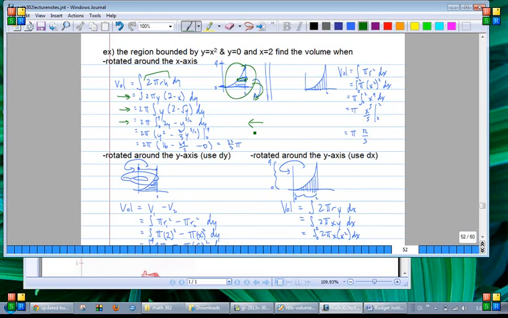This was horizontal slices giving us shells, and this one was vertical slices, dx, excuse me, giving us disks. So this just goes to show that it is very useful to draw the picture, because these problems can be a little subtle, particularly if you're going fast and not paying attention. Okay.